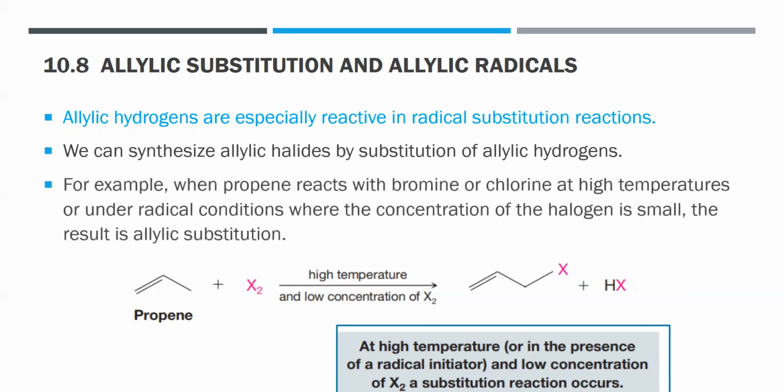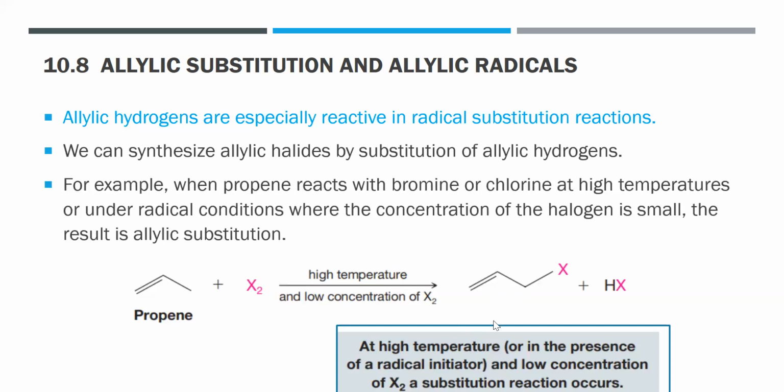For example, we have your propene reacting with our halogen. Of course, the conditions are a high temperature or even the presence of UV, and a low concentration of our halogen. Even if you have a very low concentration of your halogen, we actually have a substitution reaction here at the allylic position, not here, okay?